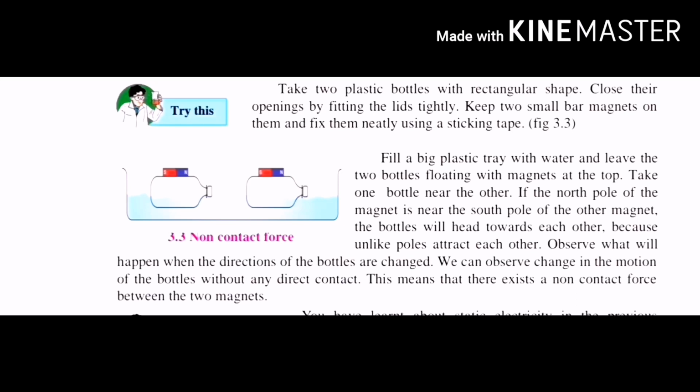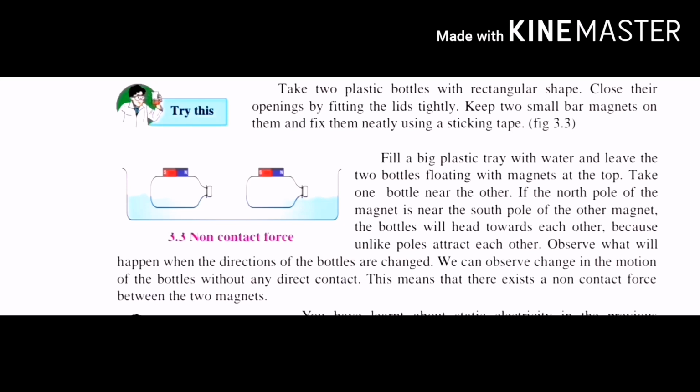Now students, do the second possibility, that is when you place the bottles with the same pole, north pole to north pole or south pole to south pole. Then what happens? Observe the bottles carefully. The bottles move away from each other, that is, they are repelled because of the magnet.